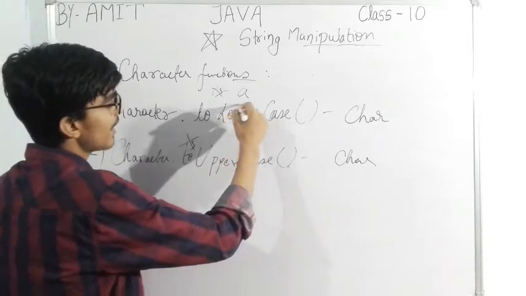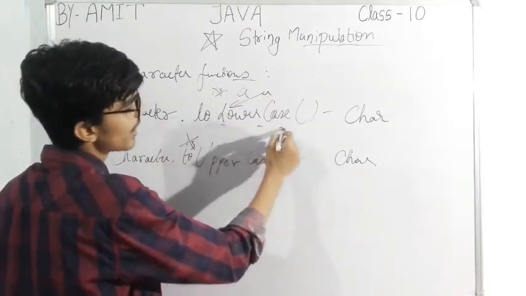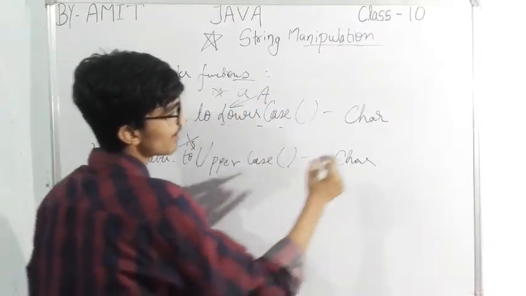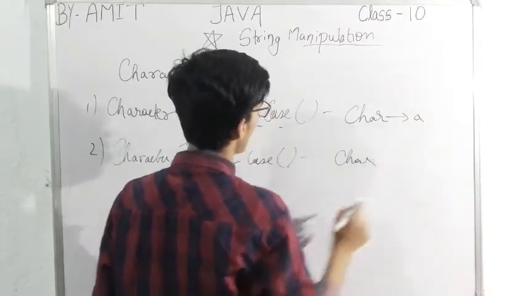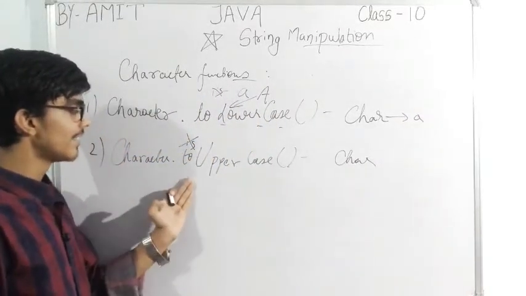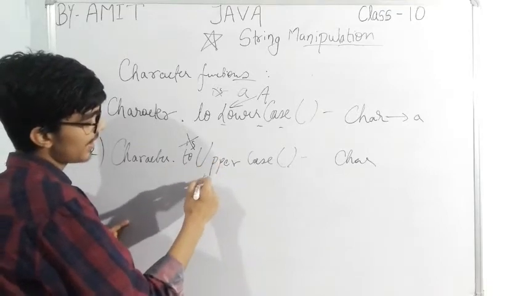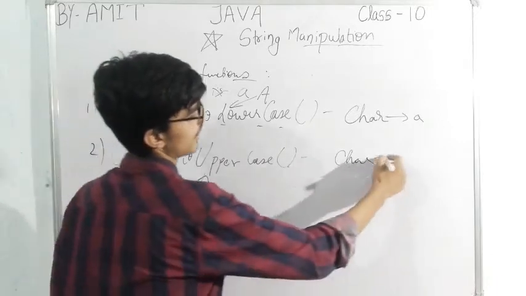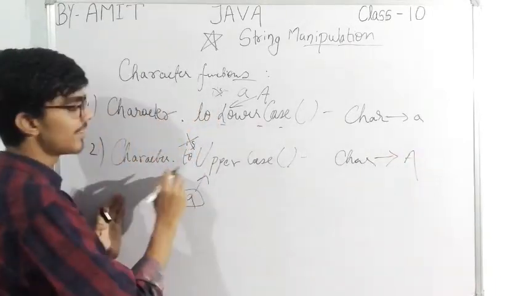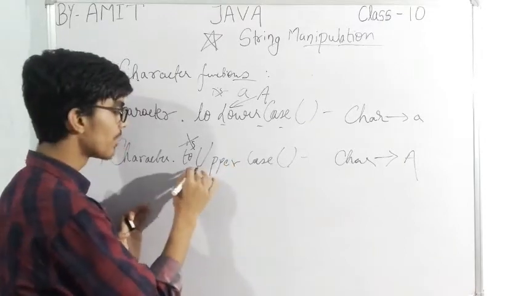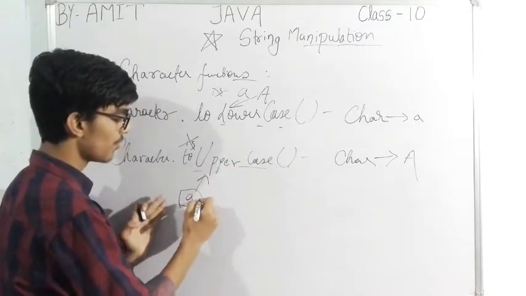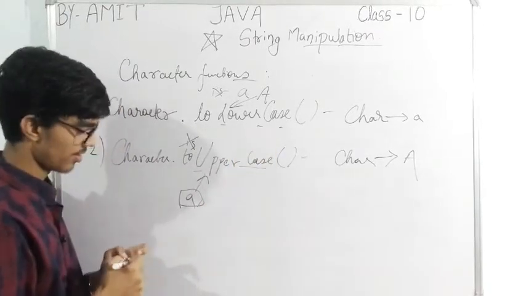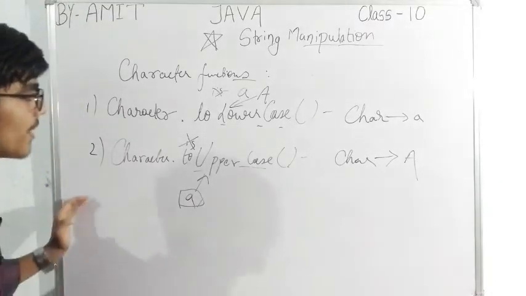And if we enter capital A in toLowerCase, it will return the character value small a. Likewise, if we enter small a in toUpperCase, it will return capital A. We have to remember that it changes the value from uppercase to lowercase and vice versa. So copy down this.